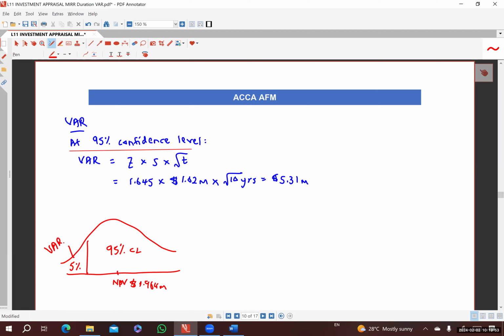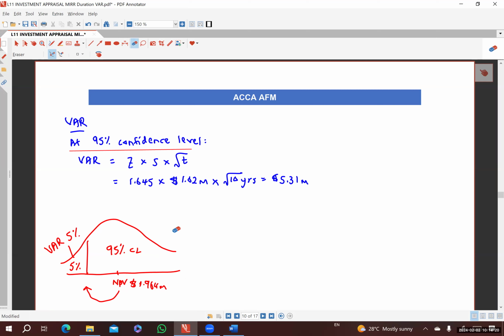That's value at risk, 5%. Value at risk looks at the fall in the value of investment. That's why we are looking at the left-hand side. When it is lower than the NPV now, a fall in value, that's risk. An increase in value is not risk. That's why we don't care about the right-hand side. Only the fall in value is risk.